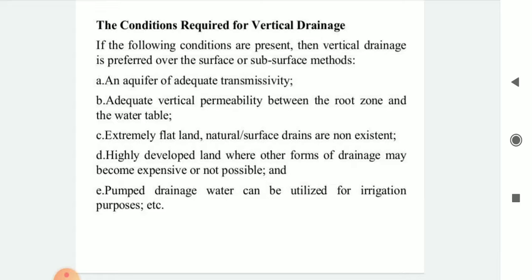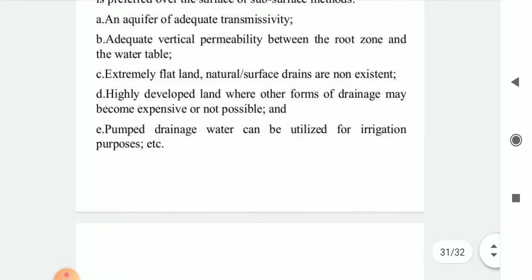Second, adequate vertical permeability between the root zone and the water table. Third, extremely flat land, where natural outlet surface drains do not exist. Fourth, highly developed land where other forms of drainage may become expensive or not possible. And last, pumped drainage water can be utilized for irrigation purposes.